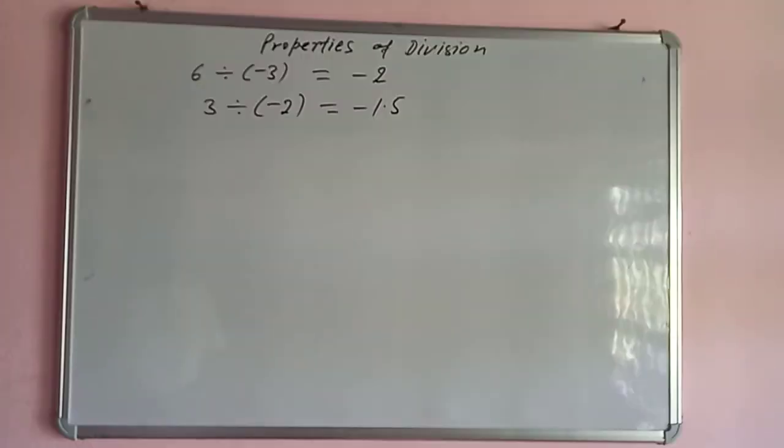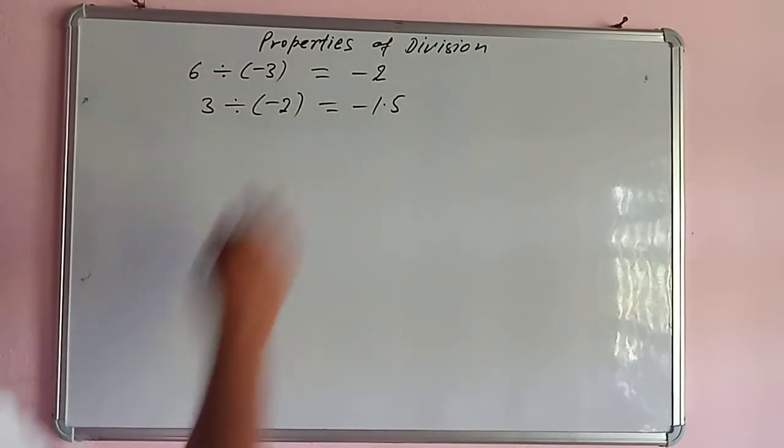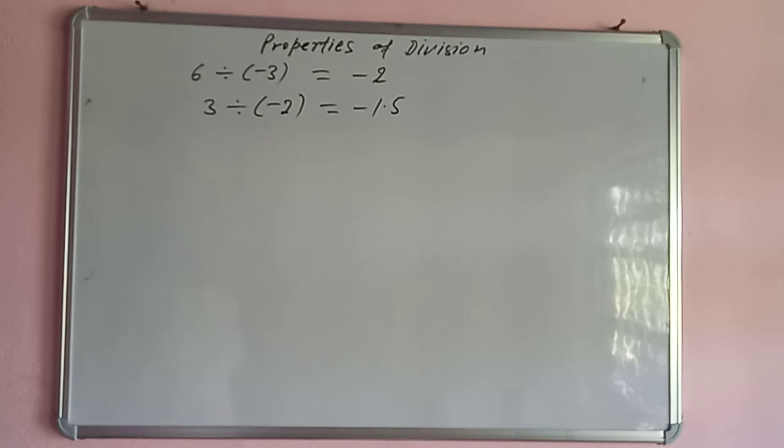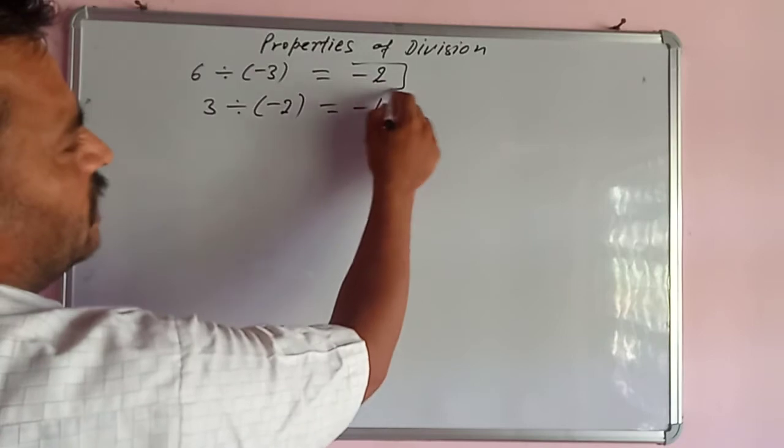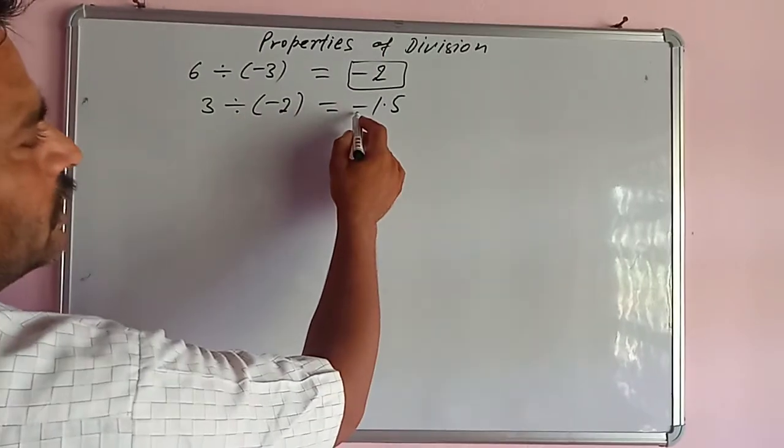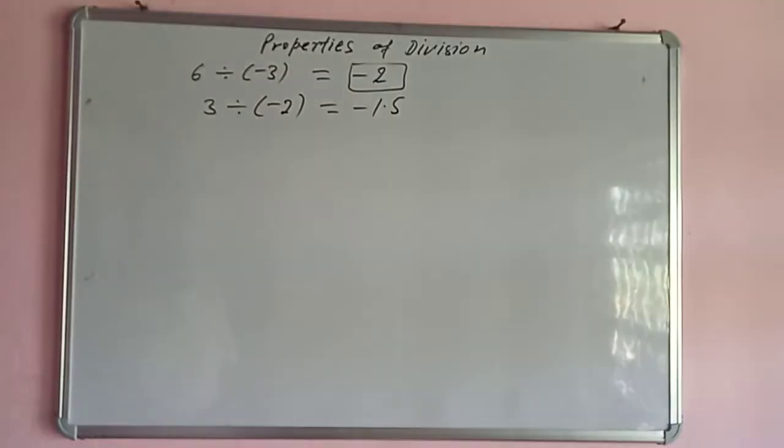It is -1.5, so it is not an integer. So property 1 is, the quotient of two integers is not always an integer. Here the quotient is an integer, but here the quotient is not an integer. So this is property number 1.